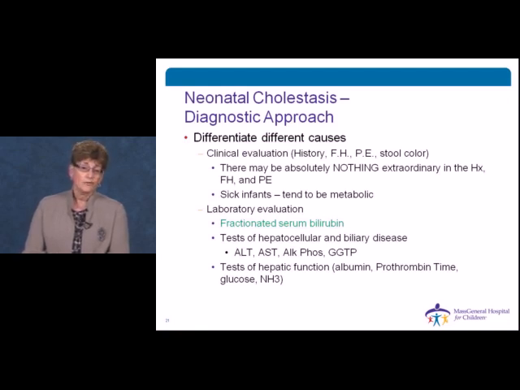And that's important because there are some specific intrahepatic cholestatic syndromes which are associated with low or normal GGTPs rather than elevated ones. And then tests of hepatic function. Remember, the ALT, AST, and the alk phos are not liver function tests per se. To test function, whether the liver is failing, we have to look at the albumin, the coagulation measurements, whether they're hypoglycemic, and look at their ammonia level.